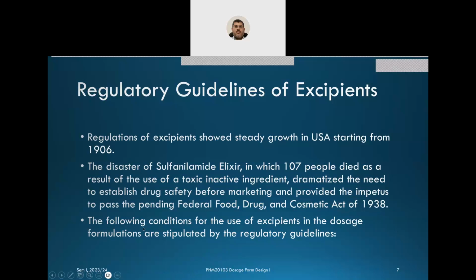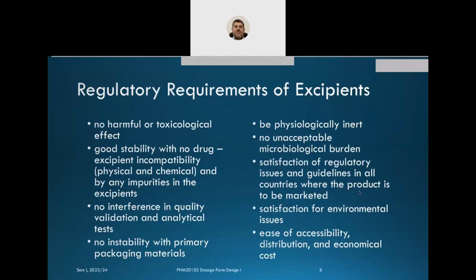There was a pending law at this time, not passed yet. So there are requirements or conditions for the use of excipients in the dosage formulation stipulated by the regulatory guidelines from different countries, whether from USA, Europe, or Japan, or other countries. They are all common between these regulatory guidelines. So these requirements are: number one, excipient will not have any harmful or toxicological effect. Should have a good stability with no drug excipient incompatibility.